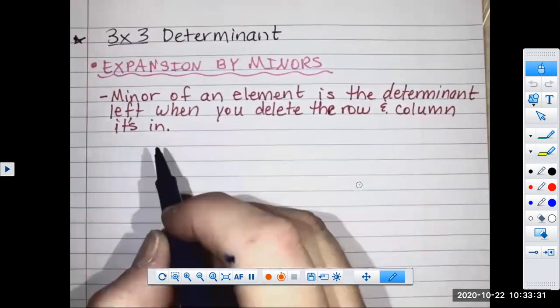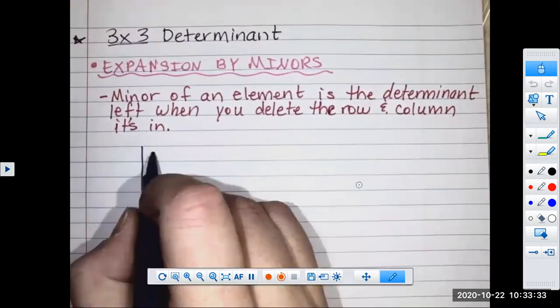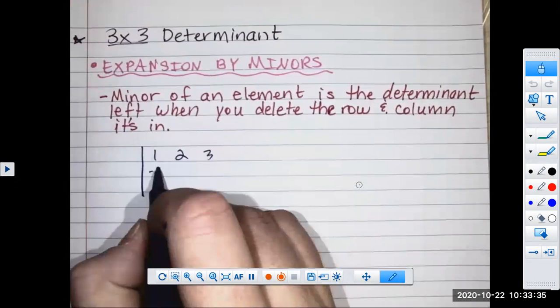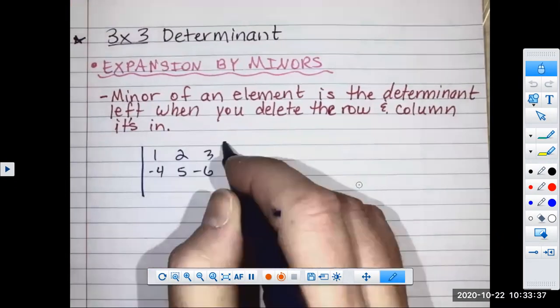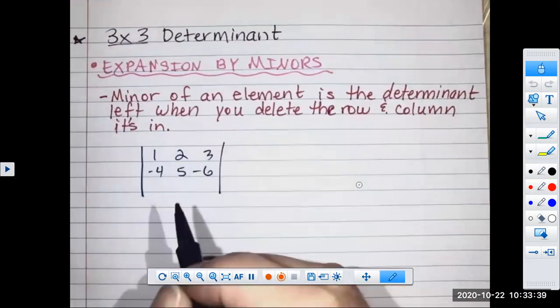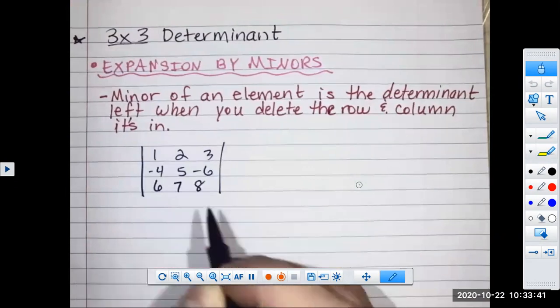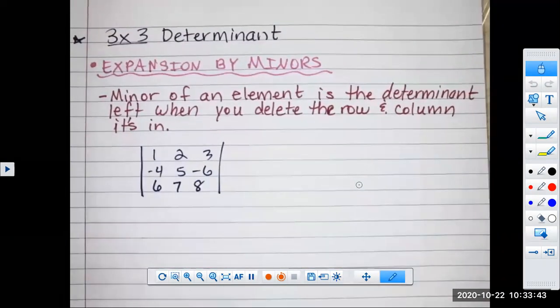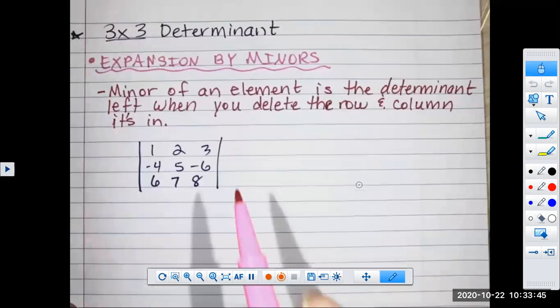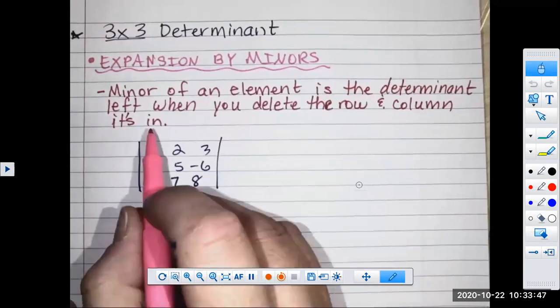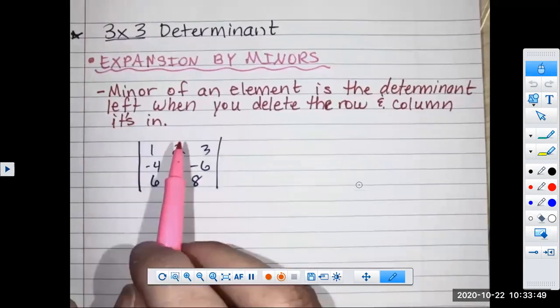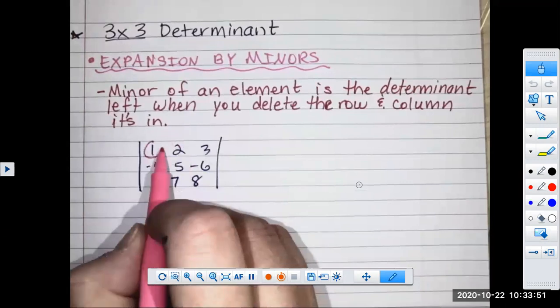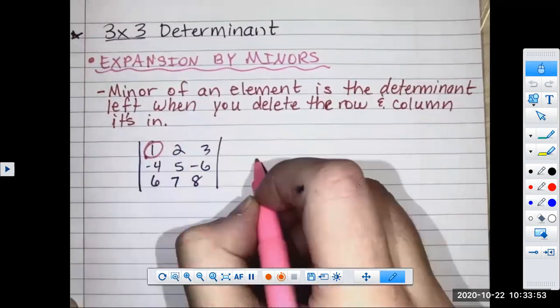Okay, so for example, if I had this determinant, notice the vertical bars tell me it's a determinant. I mean, it's also a matrix. Let's say that I've got this first row. If I'm looking at 1, I'll have 1 here.